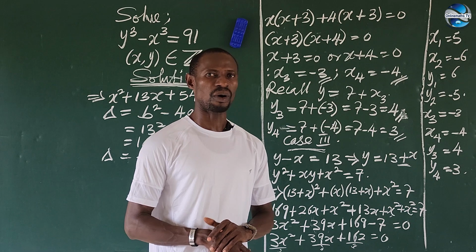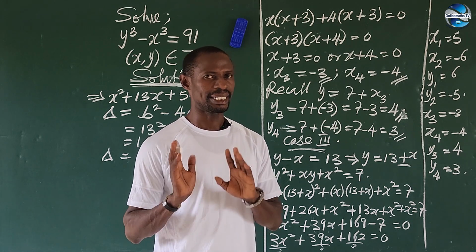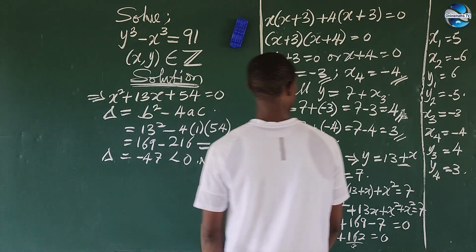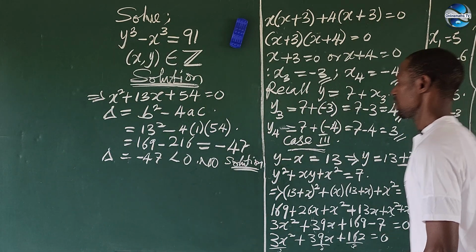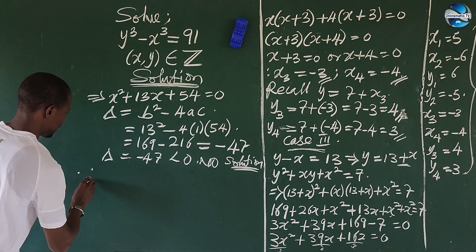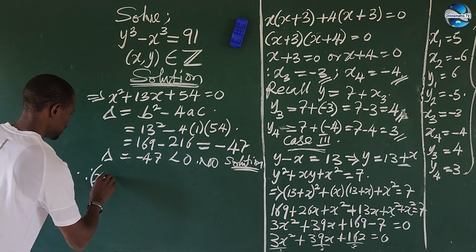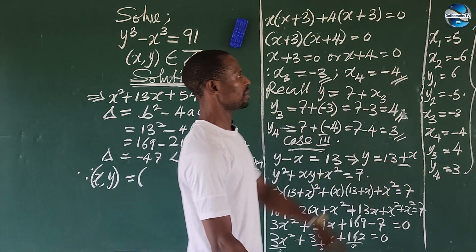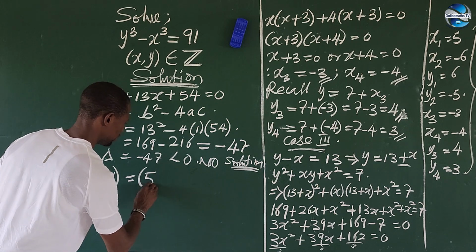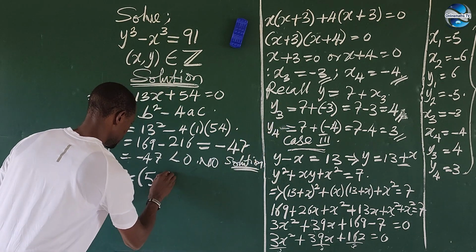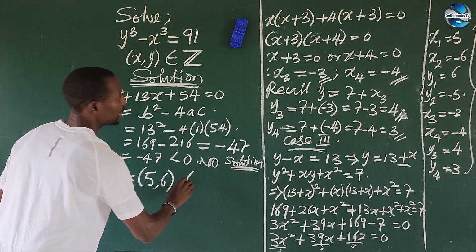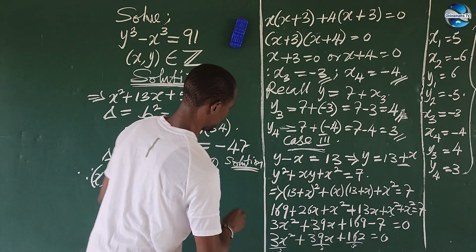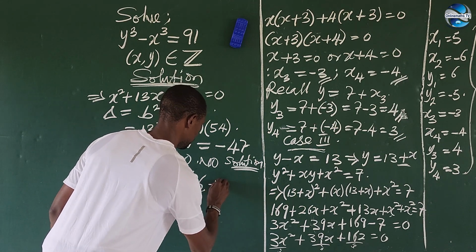So what are the solutions, or the pairs of x and y, that are the integer solutions to this math challenge here? Let's bring that out now. Therefore, in R we now have (x, y) equal to the first pair: x1 is 5, y1 is 6. Then x2 is minus 6, y2 is minus 5.